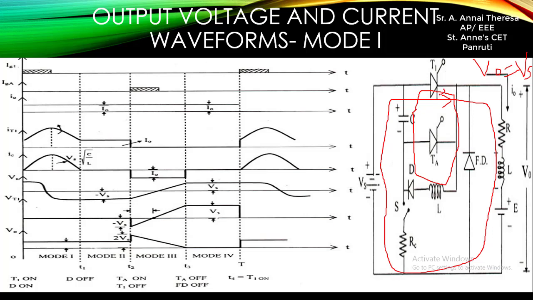This is IC, the commutating current path, and this is I0, the output current path. Like this there are two current paths.